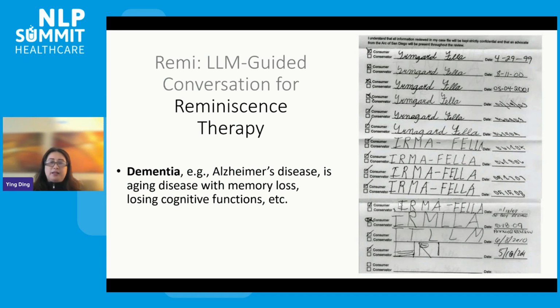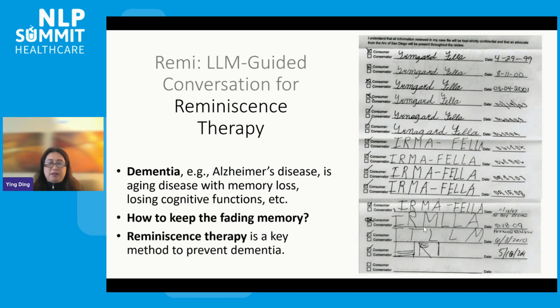You can see how the memory loss of people with Alzheimer's disease can change dramatically. At the beginning, she can write her name, but over time, she can barely write it. And how can we keep the fading memories? Reminiscence therapy, also called life story therapy, is proven effective to delay memory loss.